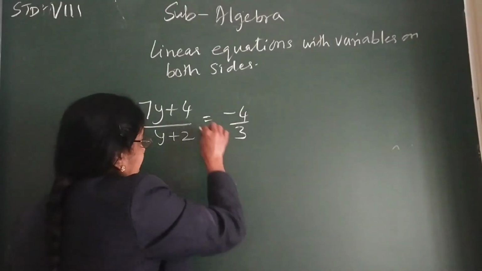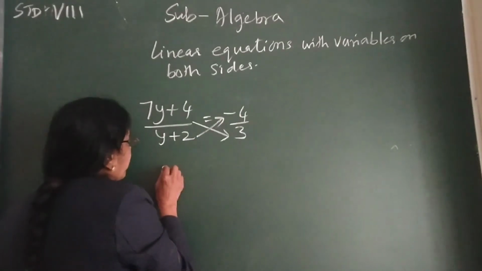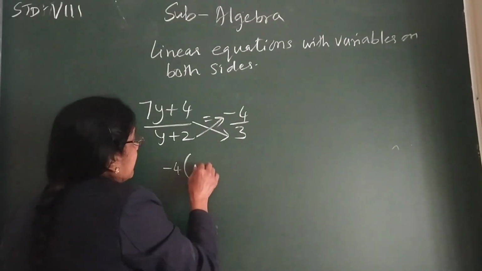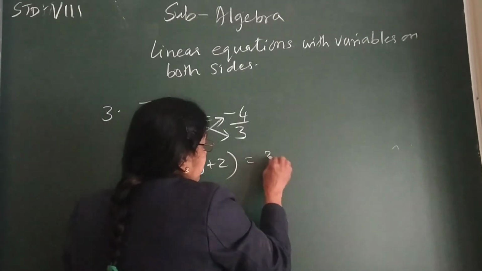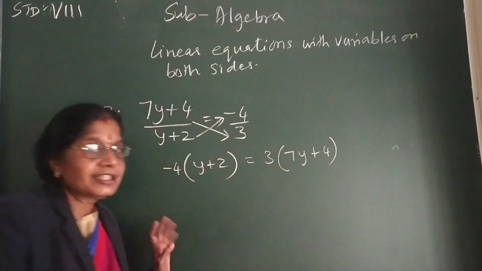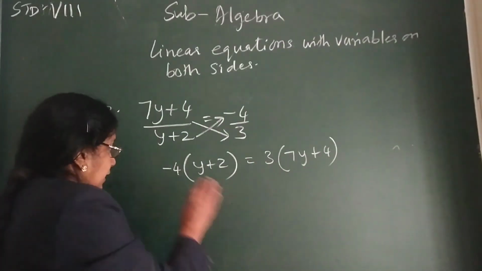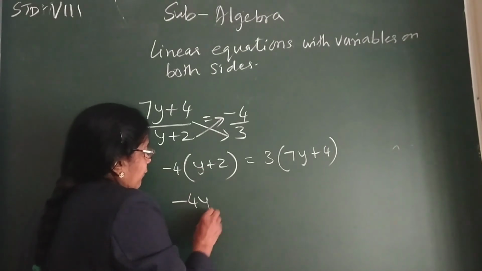Cross multiply. This is called cross multiplication. Minus 4 we will keep in the bracket, (y plus 2), cross multiply is equal to 3 in the bracket, (7y plus 4). Distributive property: minus 4 into y is how much? Minus 4y.